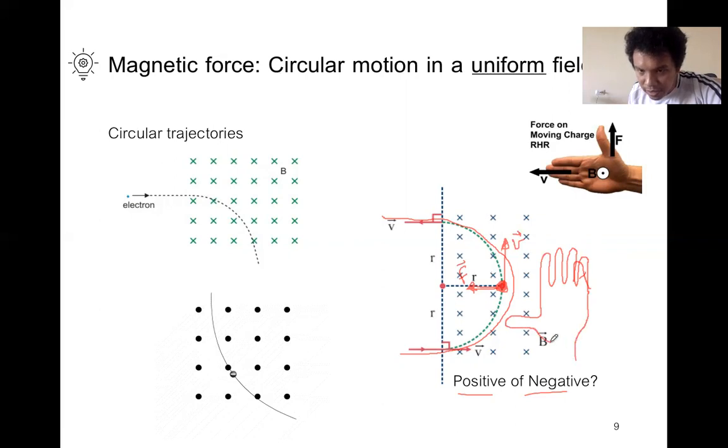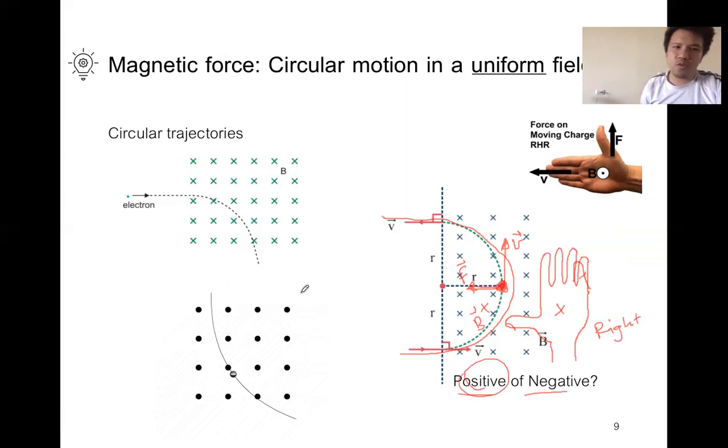Then my palm is going into the screen. So we can see that this is according to the right hand rule. F, V, and B are following the right hand rule. So if it follows the right hand rule, we can say that the charge is positive.